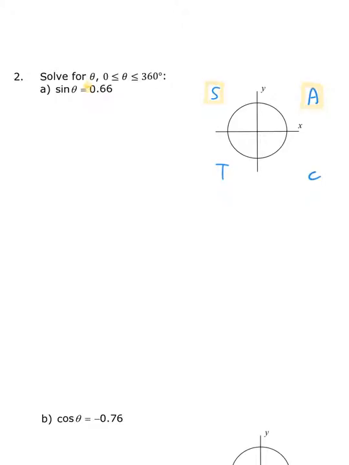So what I'm going to do is draw a triangle in the A quadrant, and I'm going to draw a triangle in the S quadrant. To find my angle, I'm going to take the inverse of sine of my ratio, so inverse sine of 0.66, and I find on my calculator that my angle is 41 degrees.